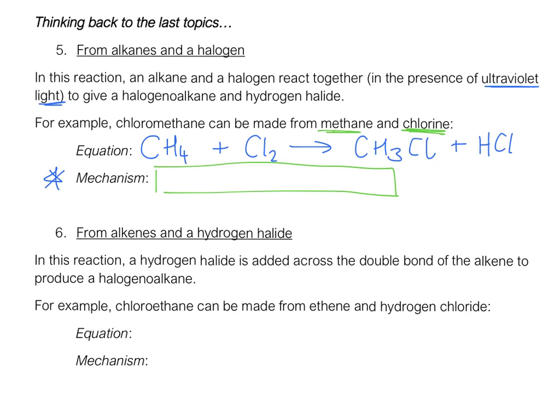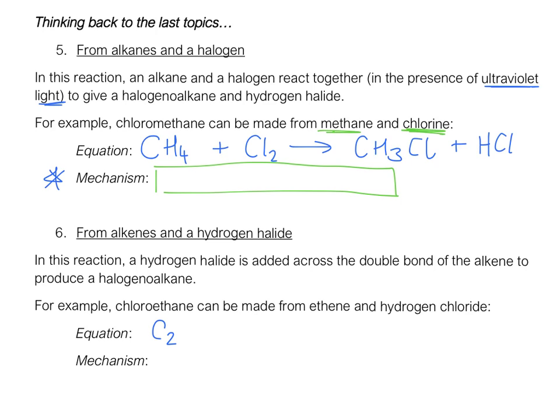And then another reaction we've already seen is the reaction of alkenes and a hydrogen halide. So if you remember, our alkenes are our unsaturated compounds, and so we can add compounds across the double bond. Okay, we can add electrophiles across the double bond. For example, we're going to look at ethene reacting with hydrogen chloride to give us chloroethane.